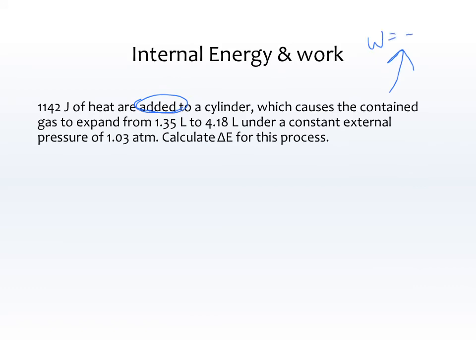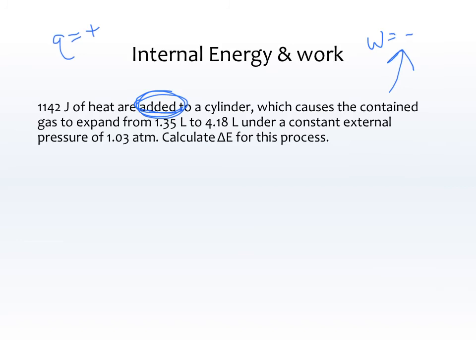But heat is added. So the heat itself, because it's going into the system, should be positive. So we're just going to keep that in mind. If heat's added to the cylinder, it's coming in, so it's positive. If work is being done on the surroundings, it's going out, so it's negative. So we'll just keep those in mind for a moment.